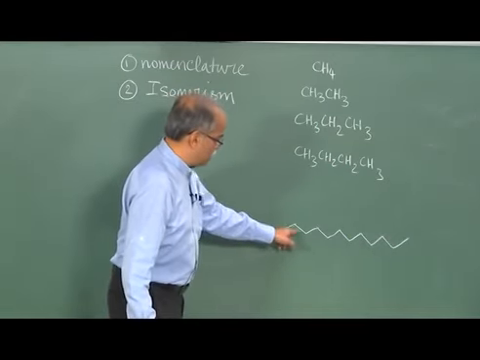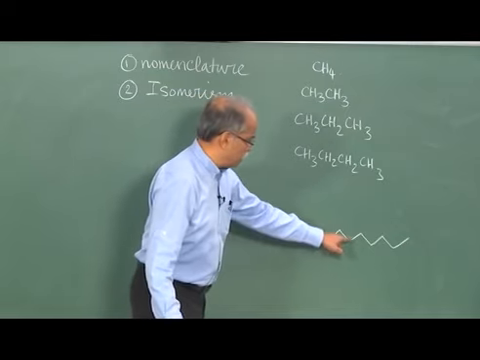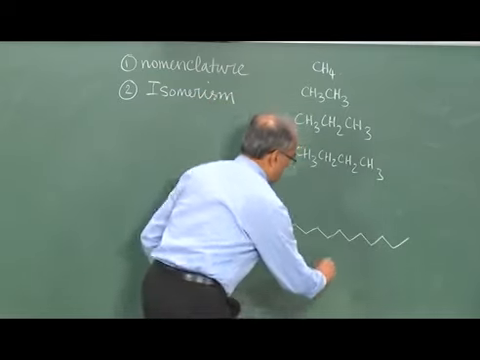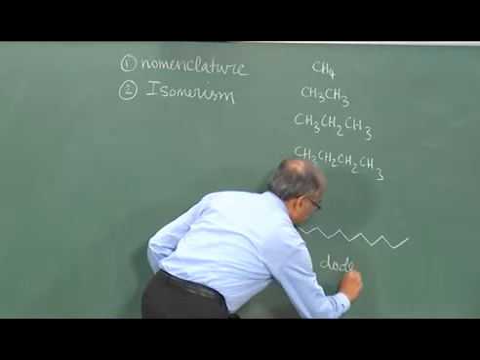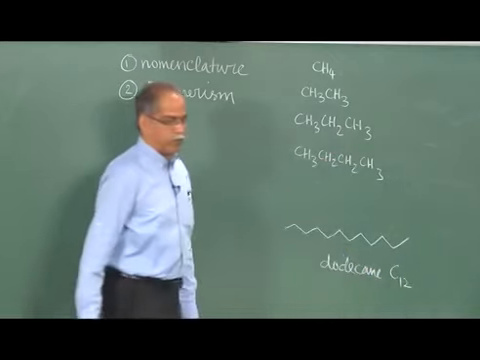Essentially, each one of these represents a carbon. So, this would be 2, 4, 6, 8, 10, 12. So, this will be dodecane. C12 chain is what we are representing.